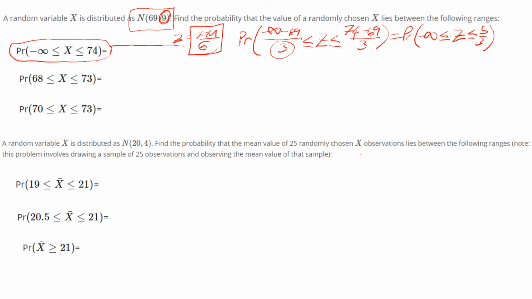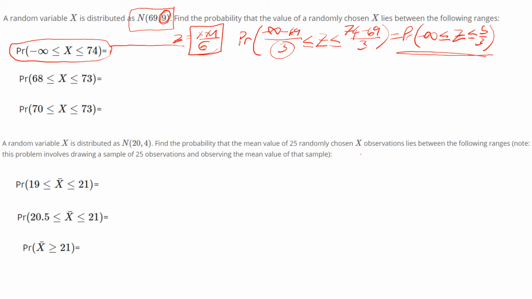So now we can almost look this up in the Z table. First we have to break this into 2, because the Z table only gives us probabilities ranging from 0 to positive infinity. And here we have a probability problem that spans minus infinity to plus 5 over 3.